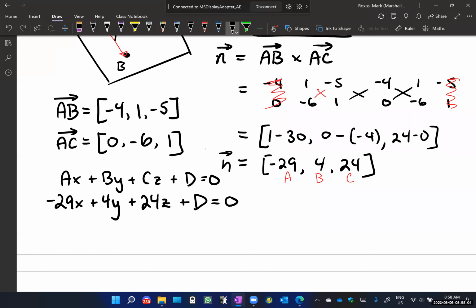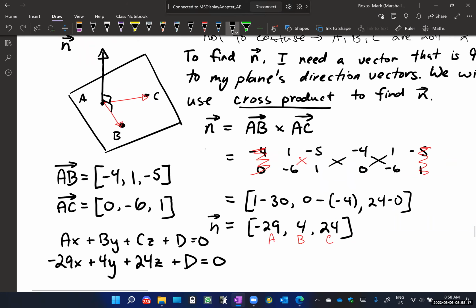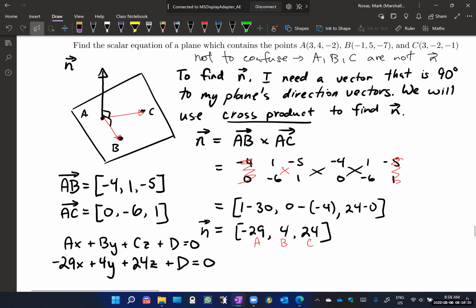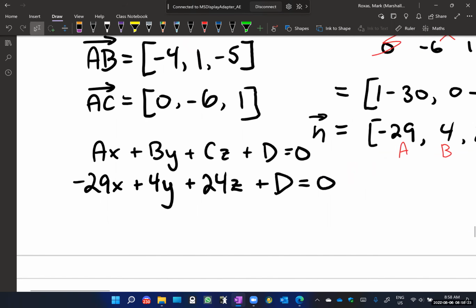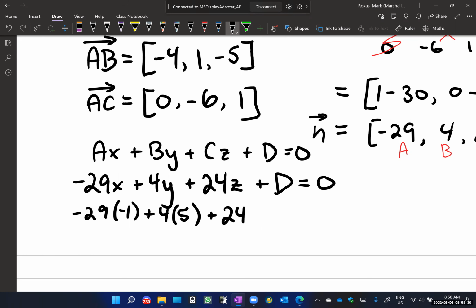And just like the scalar equations of a line, the same process is used to find that unknown constant, which is I take a point that I know is on the plane and sub it in. And I have 3 points. I have A, B, and C. I have 3 known points that are on my plane. And so I'm going to take any one of them, arbitrarily choose one of them. I could pick point B. So if I pick point B, I'm substituting in -1 for x, plus 4 times 5 for y, which is 20, plus 24 times z, and z is -7, plus d equal to 0.